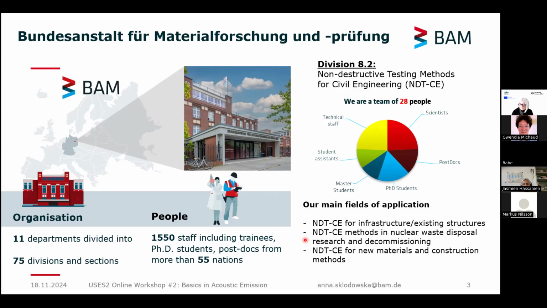Our group is called Non-Destructive Testing Methods for Civil Engineering. We're a group of around 28 people, including scientists, postdocs, PhD students. We also have some master's students and student assistants, and obviously technical staff without whom we wouldn't really succeed much.